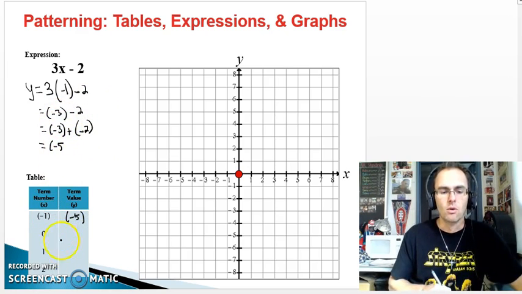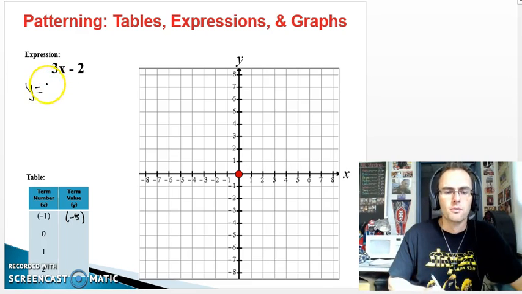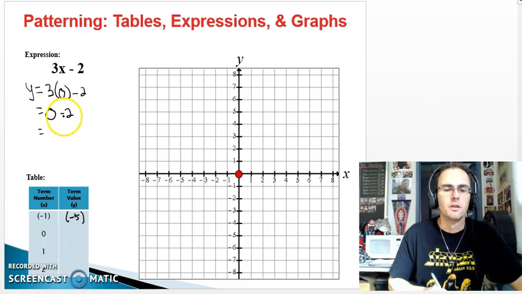Now 0. So to get your 0 value, you do the same thing. You substitute your x value for 0. That's your variable. And I fill in my equation. So 3 times 0 is 0 minus 2. Now, most of you can do that in your head. That's 0, then you go down 2, it's going to equal -2.